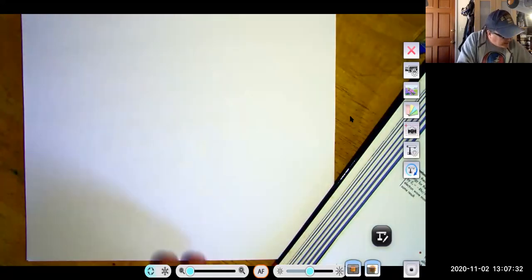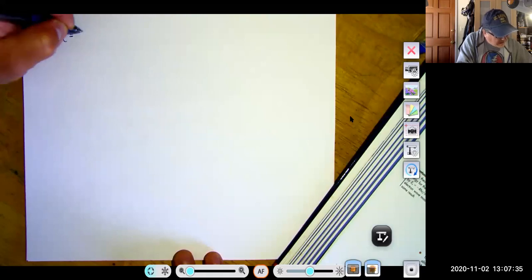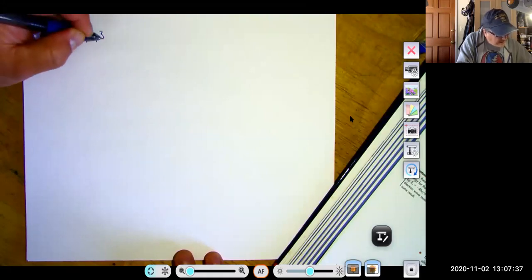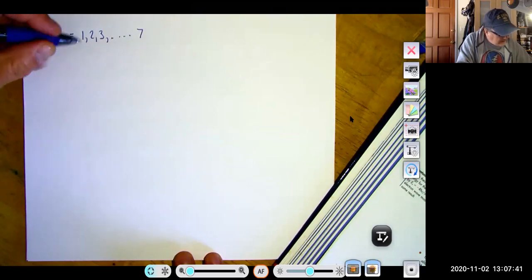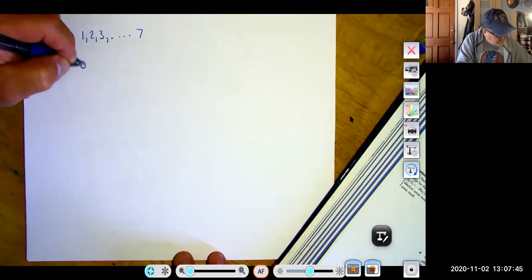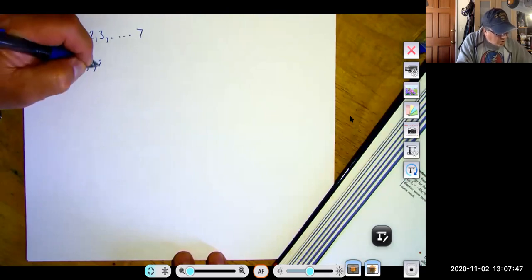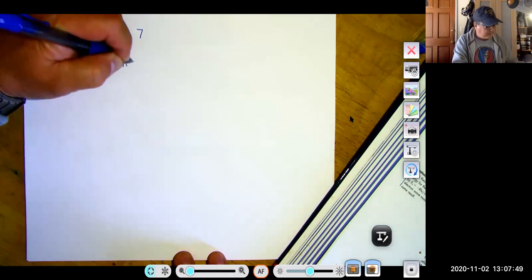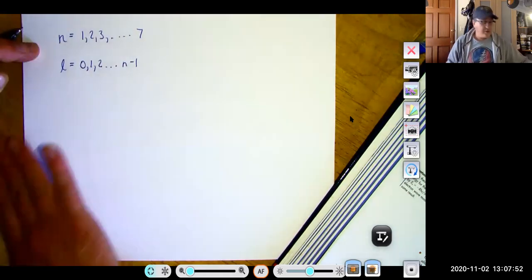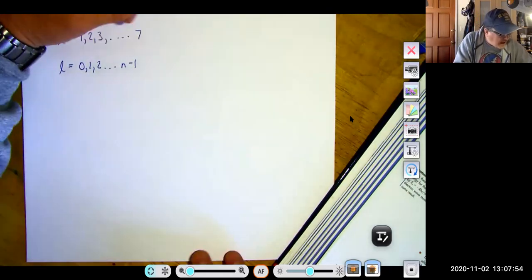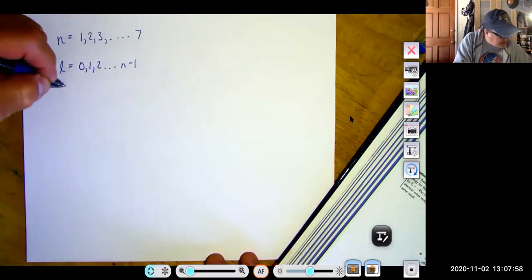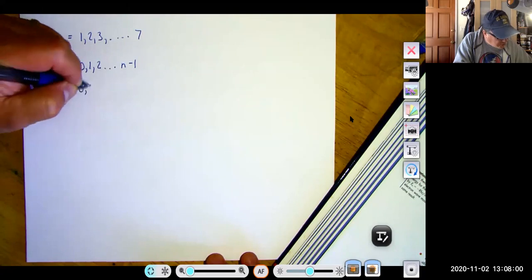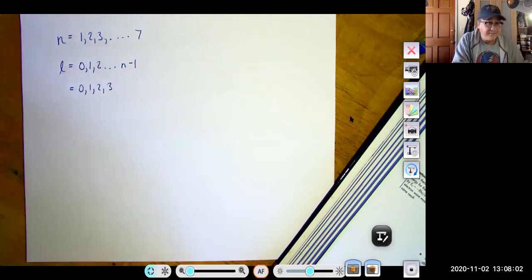So let's look at N. N can be equal to 1, 2, 3, basically all the way up to 7. And L can be equal to 0, 1, 2, all the way up to N minus 1. So for N, L really is going to be 0, 1, 2, or 3 for all practical purposes.